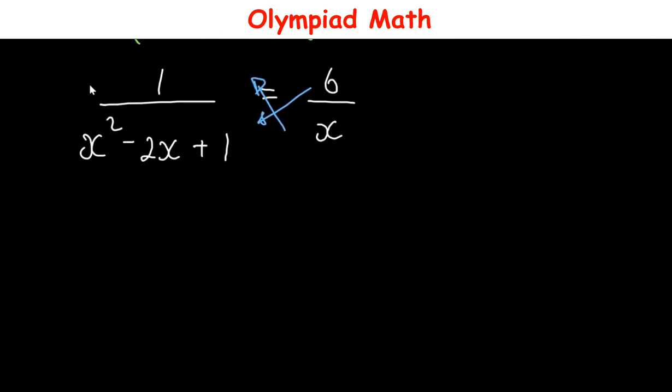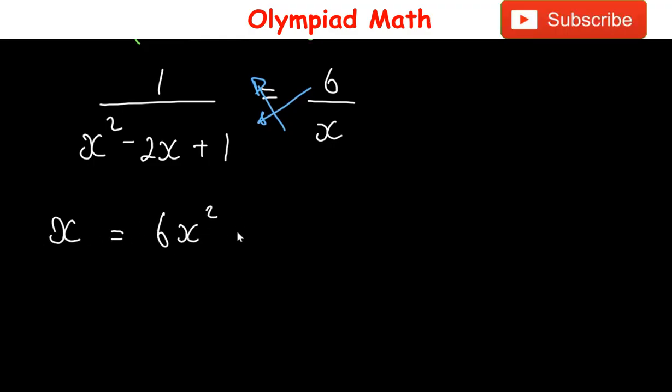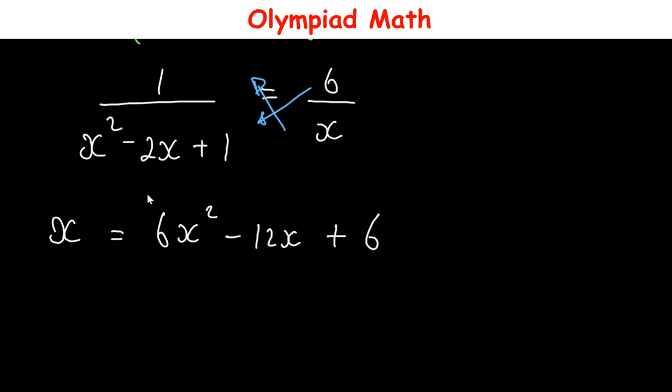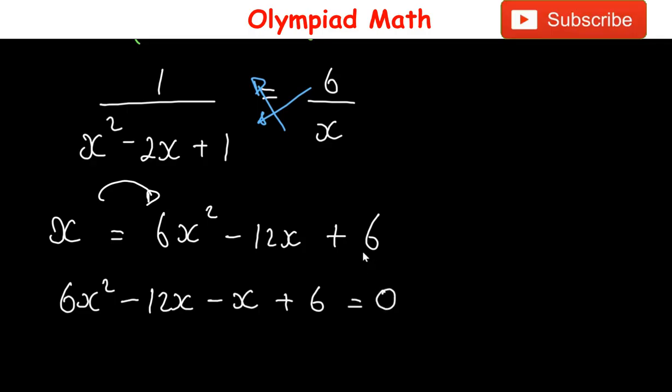So doing so, we have that x times 1 is equal to x, and this equals 6x^2 - 12x + 6. So then move this x over to this side. The equation then becomes 6x^2 - 12x, then minus x, then plus 6, and this equals 0.